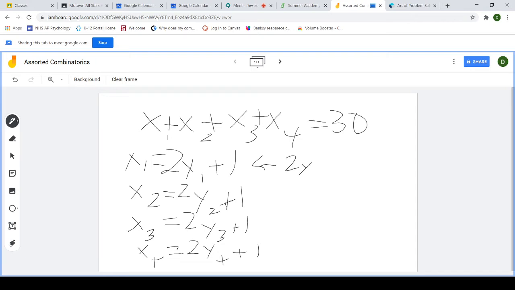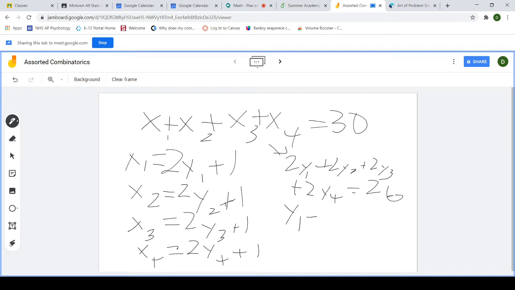We have 2y1 plus 2y2 plus 2y3 plus 2y4 is equal to 26, if we subtract the 4 from both sides.